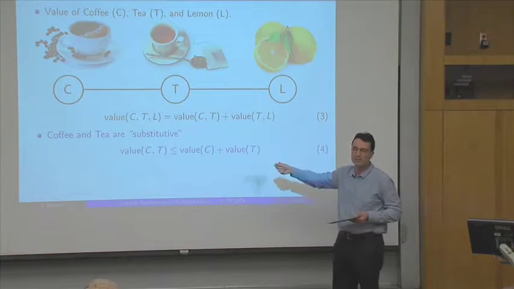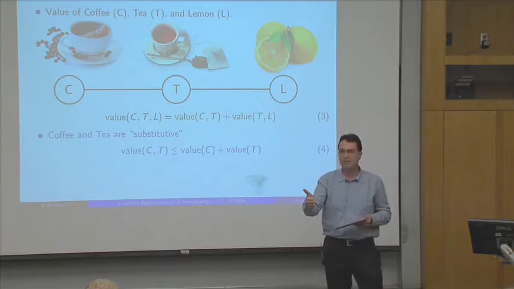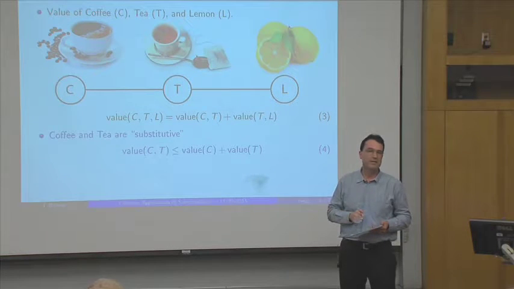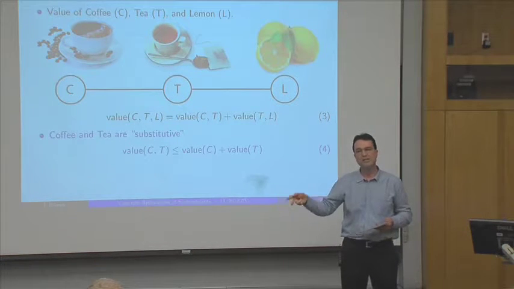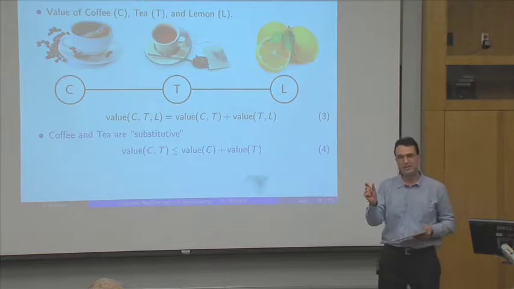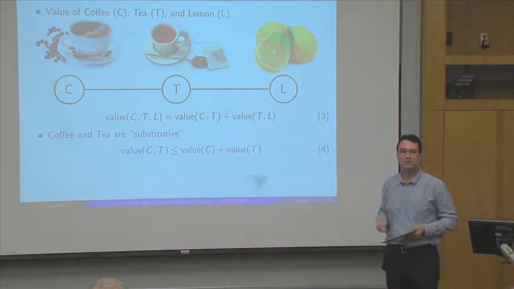The reason being that if you've just drunk a cup of coffee, you probably don't care that much about having a cup of tea right afterwards. And vice versa as well. Once you've had tea, the value of coffee is diminished, and so the value of them both together is probably less than the sum of the individual values.